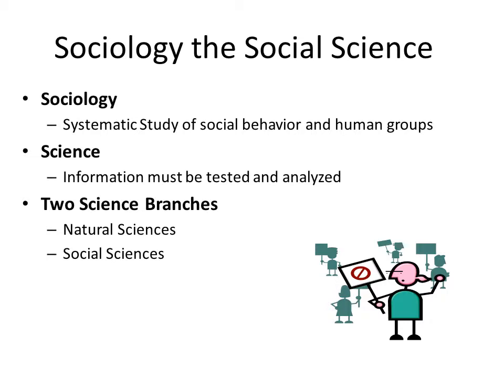Other social sciences include anthropology, economics, psychology, history, and political science. Even though all of these disciplines have a common focus on the social behavior of people, they all have their own specific orientation.